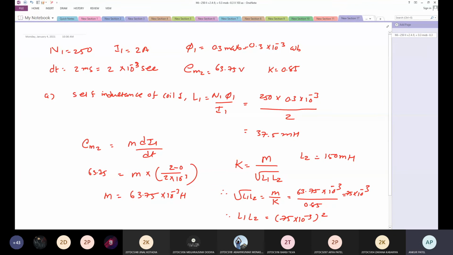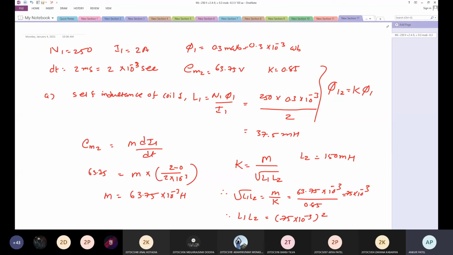Now, flux linked with the second coil. Phi12 is equal to, I can write K into Phi1. Okay, this is the relation for the flux linked with the second coil, Phi12 equal to K Phi1.